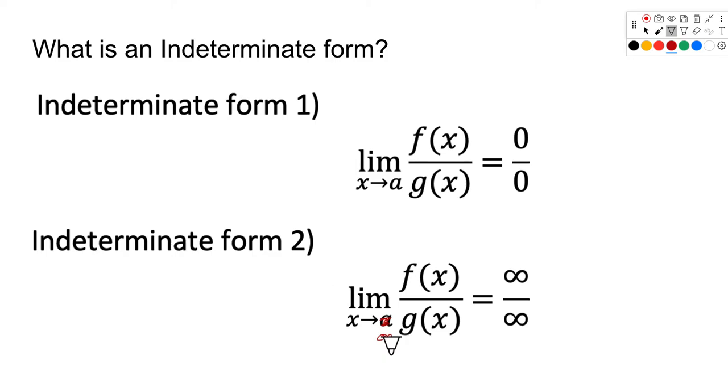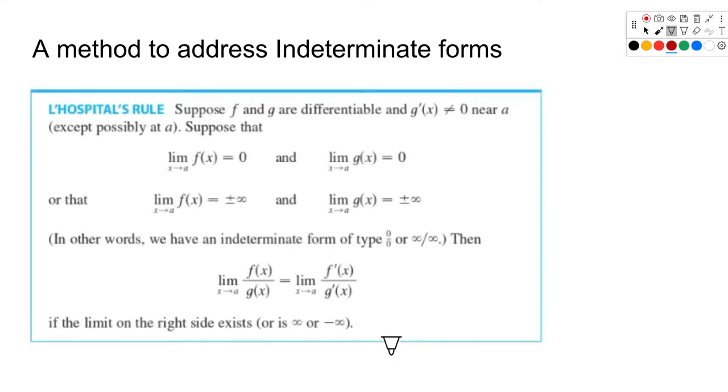The cool part about all of this is we have this method. Again, carries L'Hopital's name on it, but what they found out, and all this is basically saying, is if this happens, that when we take a limit and we've got a ratio, a fraction, and we get either 0 over 0 or infinity over infinity, that if we have sort of a tool that if we take the derivative of both functions, that derivative, the limit of those derivatives, if they exist, is actually going to be the same as the limit of the original functions.